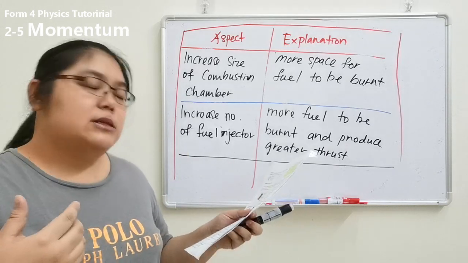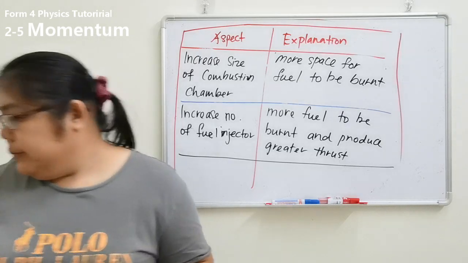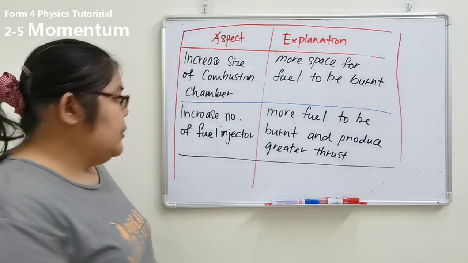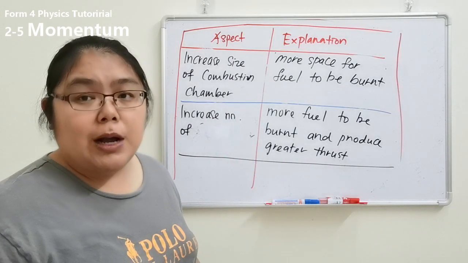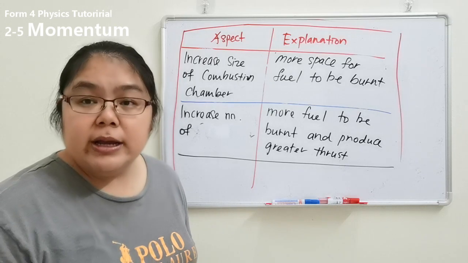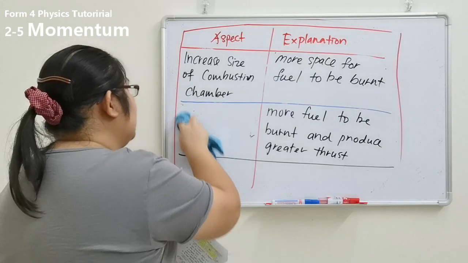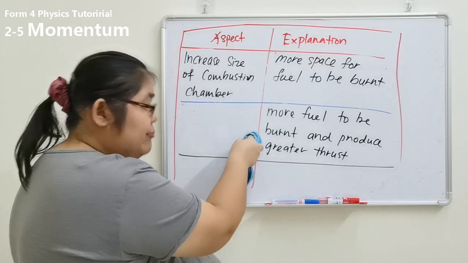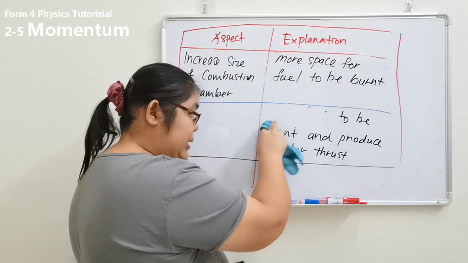Okay, now for this blade we're talking about material. Because at the bottom the hot gas comes out, the material must withstand the heat. So you can say high heat withstanding material, or you also can say a strong material.